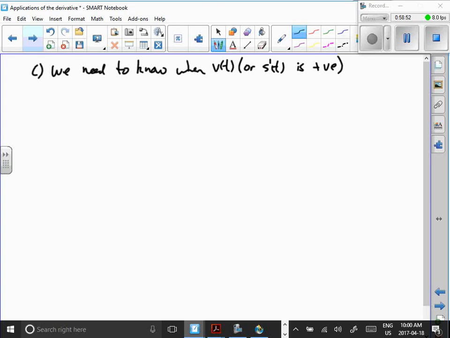That's how we'll know when it's moving to the right. Okay, the derivative S prime at t is equal to negative 1.5 t squared plus 4t. We want to know when negative 1.5 t squared plus 4t is greater than 0.